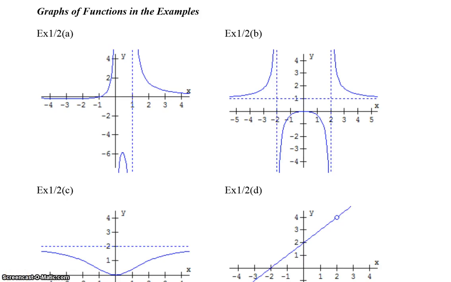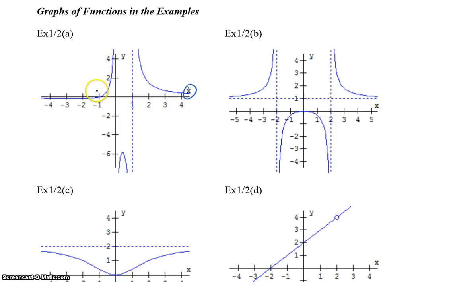If we return again to our sheet of graphs and look at the graph of example 2a, which is the same as the graph of example 1a, we see that the x-axis is indeed acting as a horizontal asymptote. The graph gets closer and closer to the x-axis as x either takes on larger and larger positive values or larger and larger negative values.